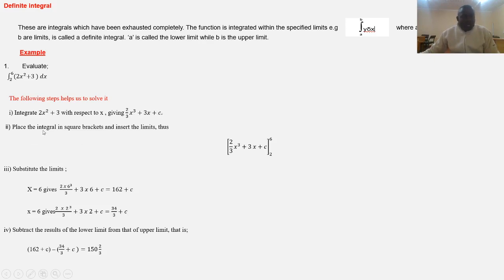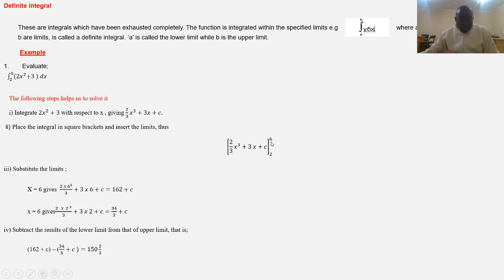The second thing you need to do is to place the integral in square brackets and insert the limits. These are square brackets, you insert the limits 6 and 2, because those are the limits given. After that, the third step is to substitute the limits.